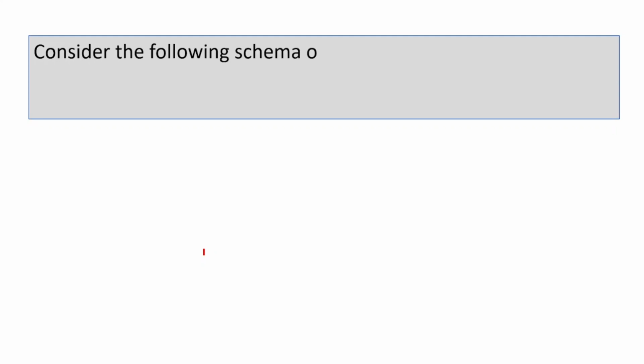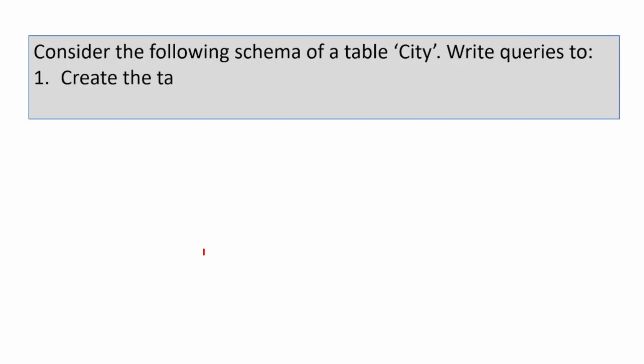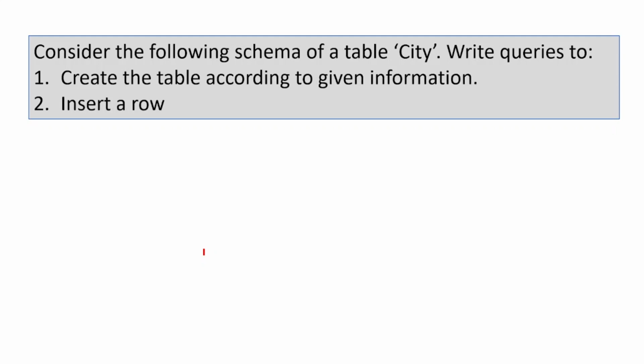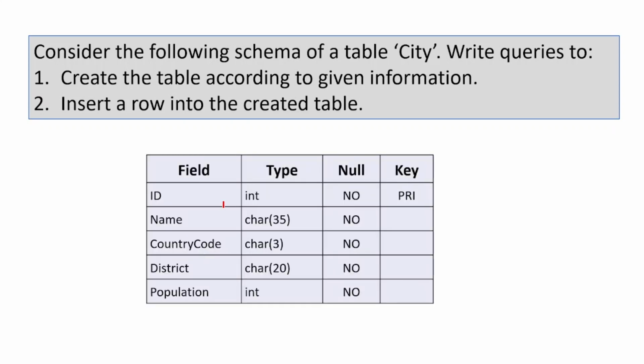The problem statement is, consider the following schema of table CT. Write queries to, number 1, create the table according to the given information, and 2, insert a row into the created table. The data given is the field, the type, null value, and key. Key means primary key.